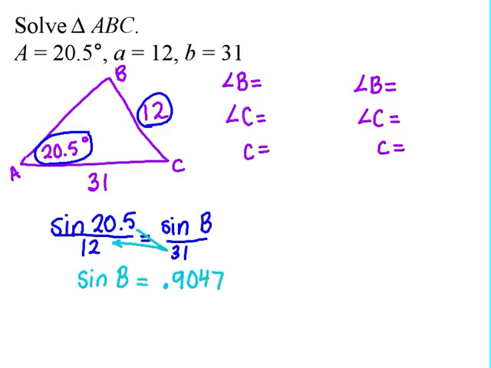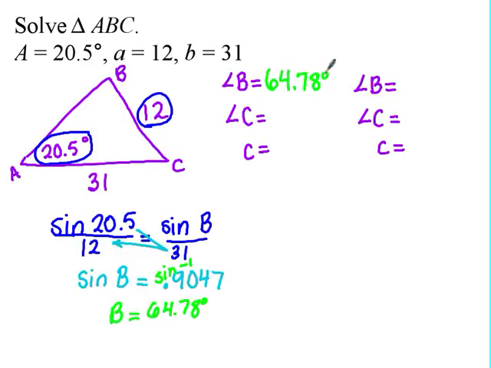Now, in order to find angle B, how do you undo the sine? Yeah, you use the inverse sine. Go ahead and take the inverse sine of 0.9047. What do you get? 64.78. So I'm going to write 64.78 up here.